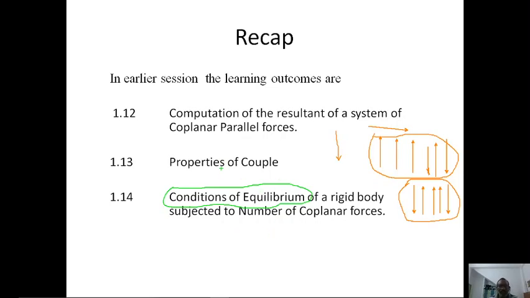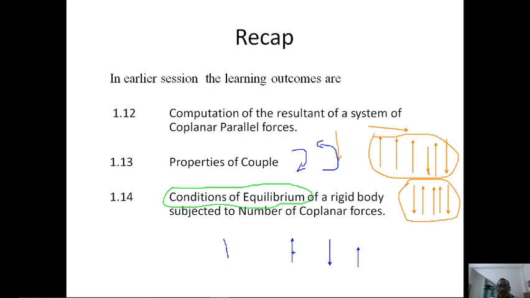And we also dealt with the properties of the couple, where we have seen that a couple has a clockwise moment and an anti-clockwise moment. The arrangement of the couple is a pair of forces applied at a distance with opposite nature, like this.